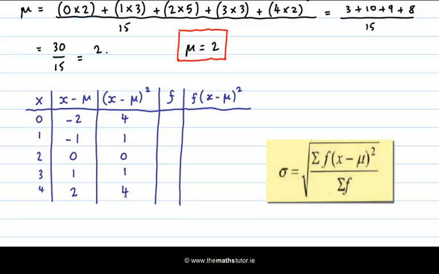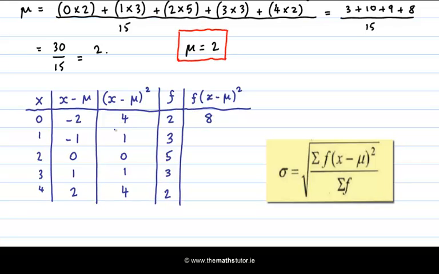And these squared deviations there will be a multiple of each. 0 occurs twice, 1 occurred 3 times, 2 occurred 5 times, 3 occurred 3 times, and 4 occurred twice. Those are our frequencies. Now we simply multiply our frequencies by our squared deviations.